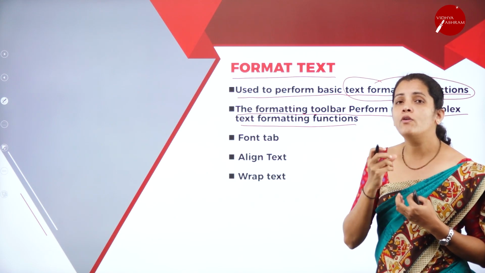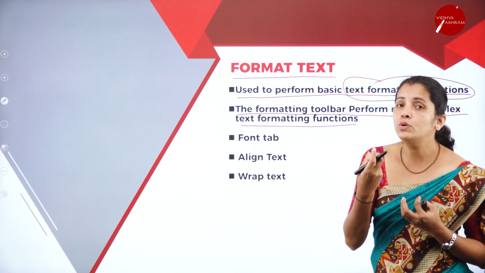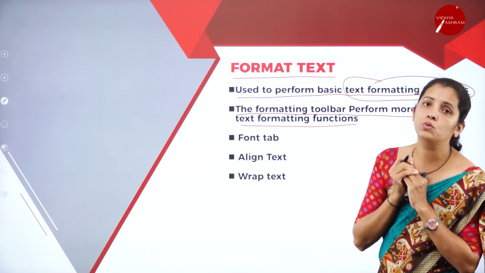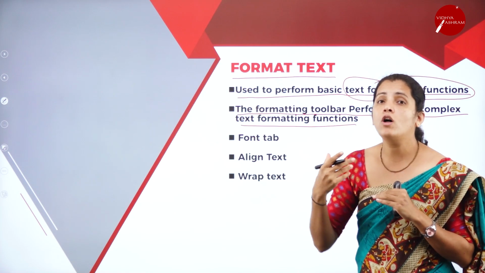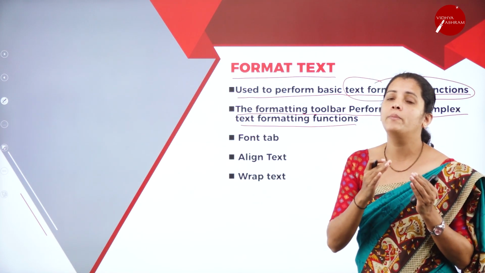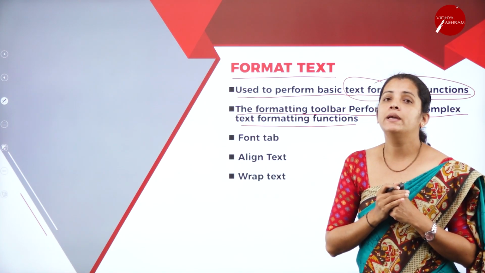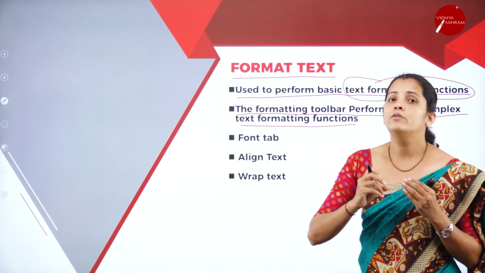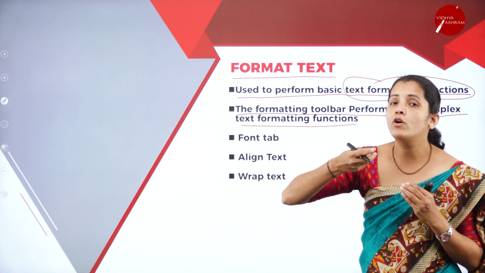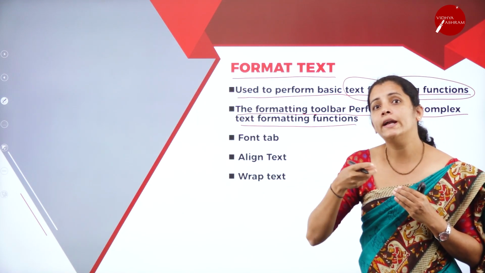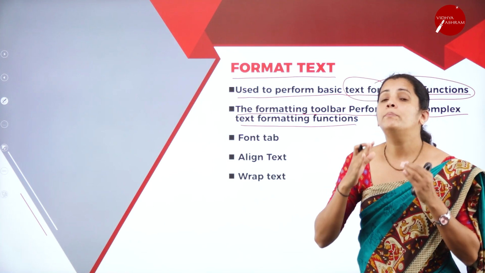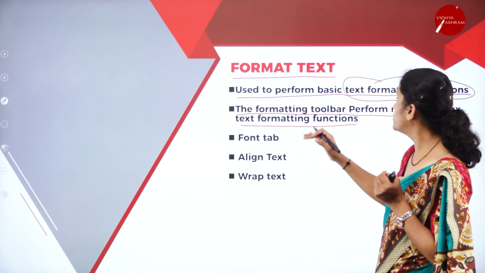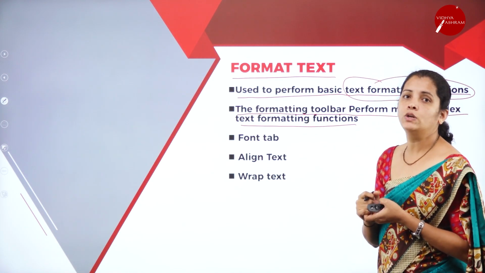That means to perform formatting, I can use the formatting toolbar, and in the formatting toolbar we are going to get all the possible options to format my text. It may be font style, font size, or you want to represent your font in bold form or italic form, or you want to place your text on the right side or left side. Everything I'm going to get under the formatting toolbar.